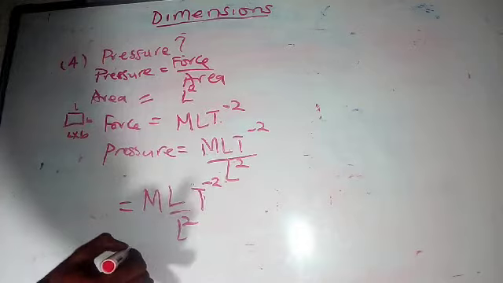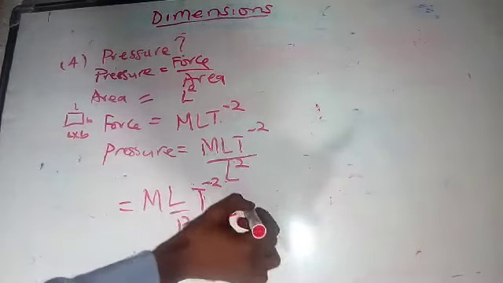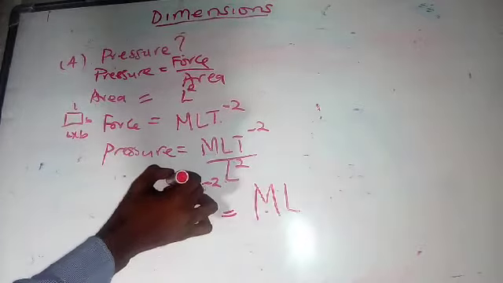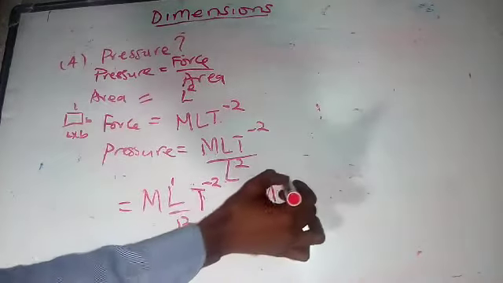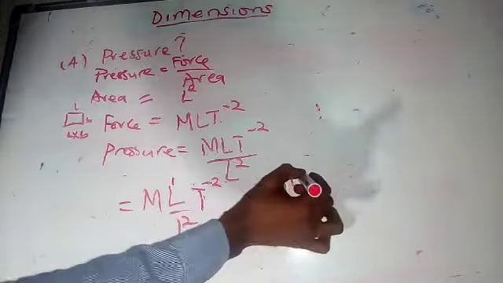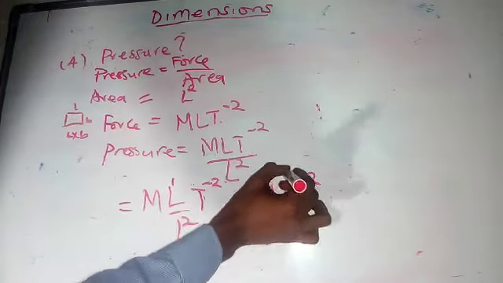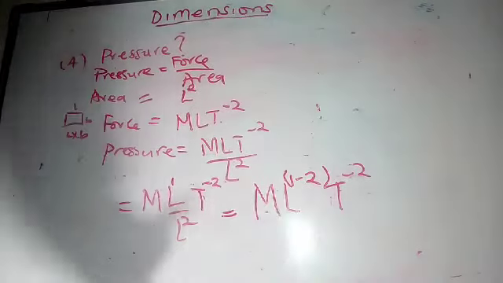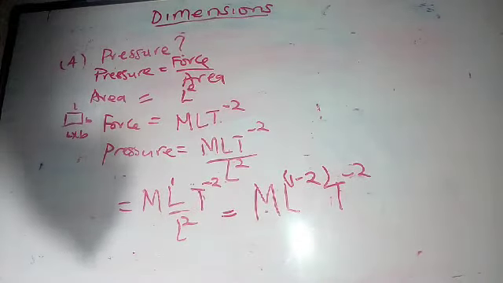But using your indices, this is like saying M L here comes to the power of 1. You are dividing, so you are subtracting the powers, 1 minus 2, then T^-2.